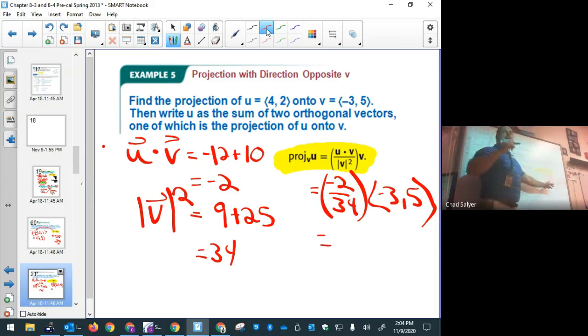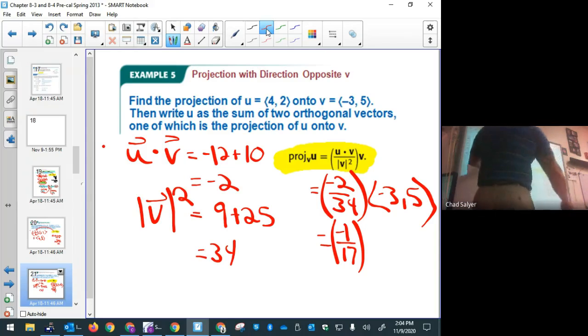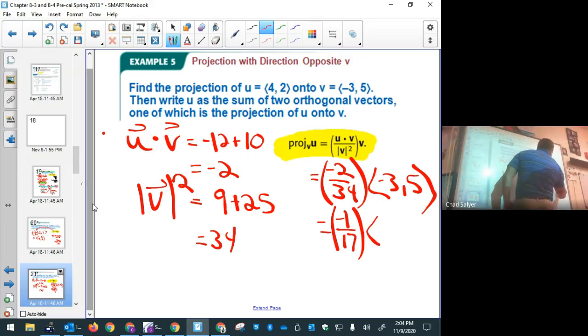So what is this one reduced to, JT? Good. Shame on you for using your calculator, but that is correct. I shouldn't say shame on you.